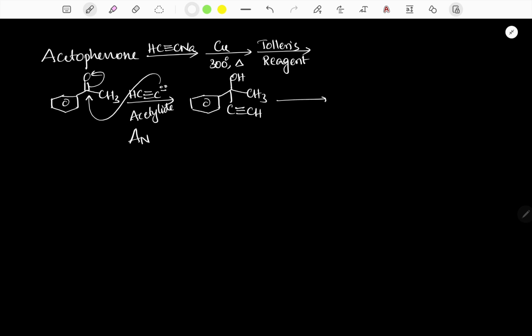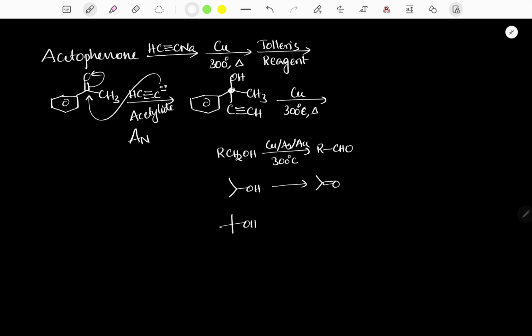Now this product is treated with copper at 300 degrees Celsius and heat. It is a tertiary alcohol. We know that when primary alcohol is treated with copper, silver or gold at 300 degrees Celsius, primary alcohol will be oxidized to aldehyde, secondary alcohol will be oxidized to ketone, and tertiary alcohol undergoes dehydration and forms the corresponding alkene.